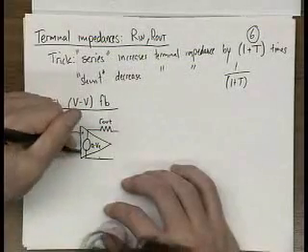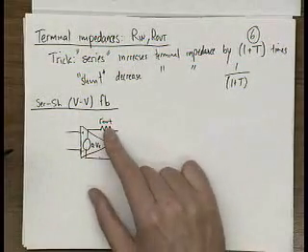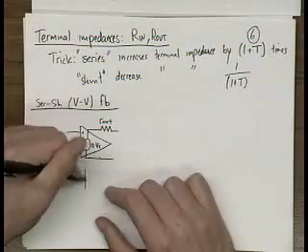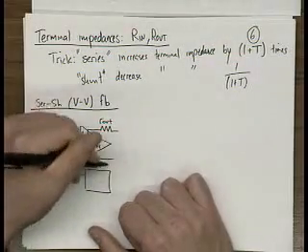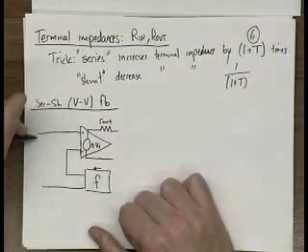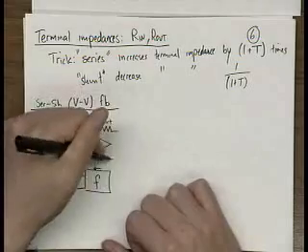So normally, this amplifier has some gain, and it has an output resistance of R out. But now what we're going to do is connect this in feedback. So this is F. V in.